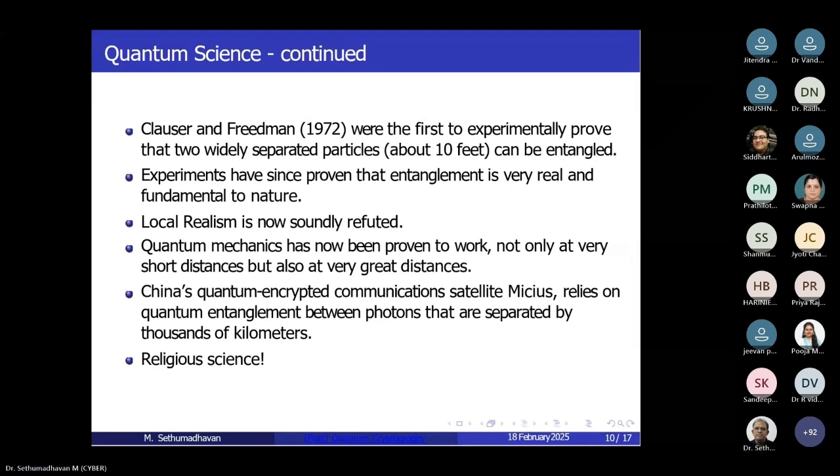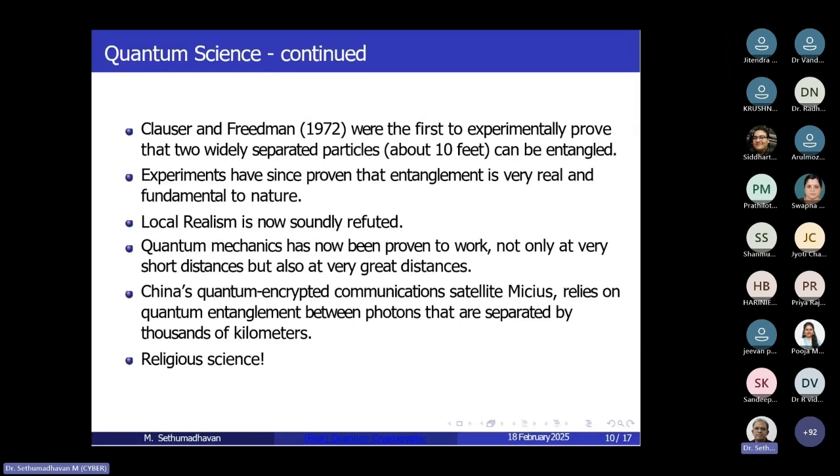Quantum mechanics is now proven to work, not only at short distance but at greater distance. You might have heard the news about China's quantum encrypted communication satellite called Micius. They were claiming that they could use quantum entanglement between photons separated by thousands of kilometers. We don't know the claim, and they made this claim many years ago.